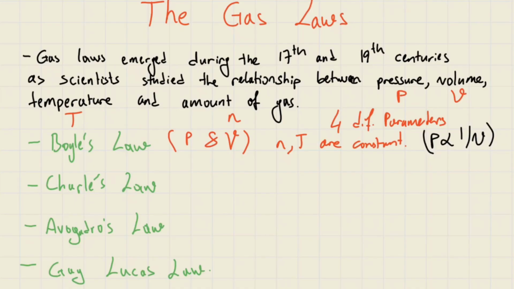Or if there are 2 different situations, it can be written as P1 times V1 equals P2 times V2. So they are inversely proportional. But what I want to show is that, firstly, in Boyle's law, we have a piston.